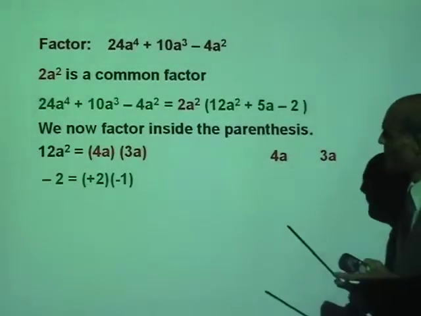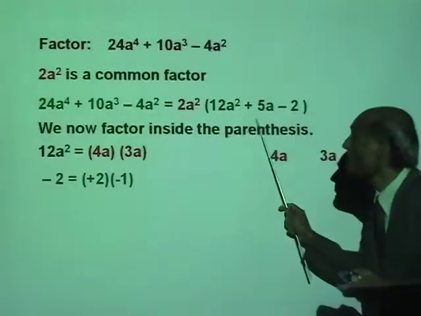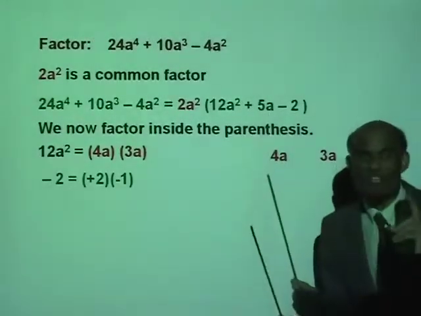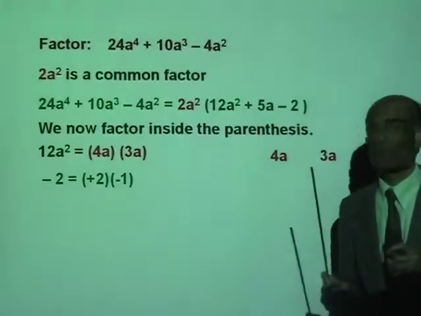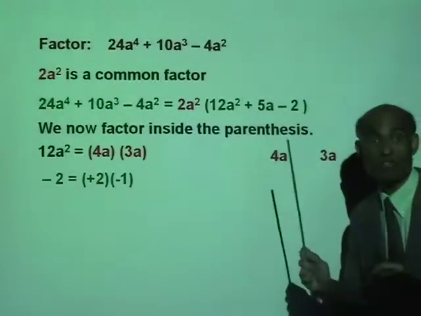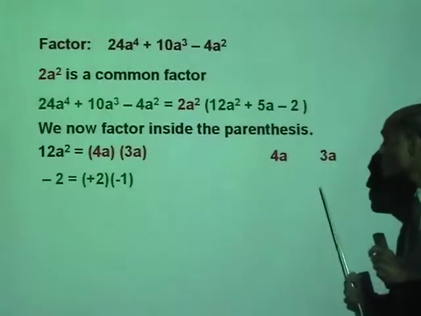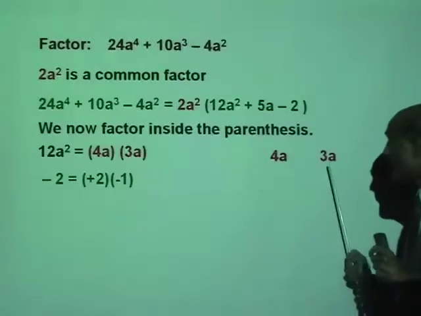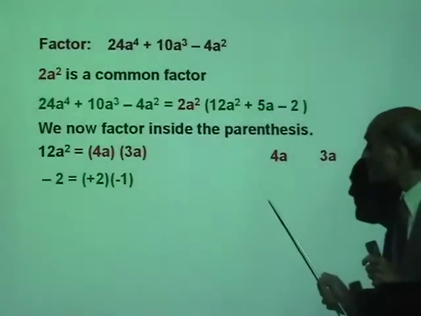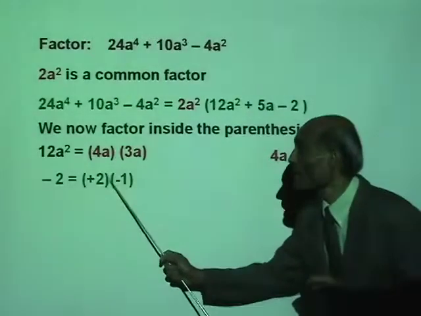Now, why did I do that? Again, you notice I'm looking for a middle term of positive 5. I know that I can produce a positive 5 like this. Look at this: 4 times 2 is 8, and 8 minus 3 is 5. So, look at the way I'm going to write this.